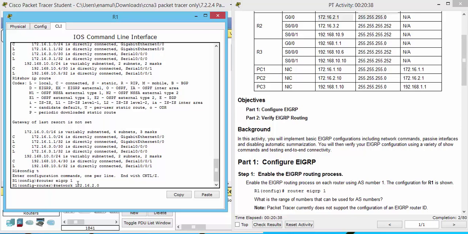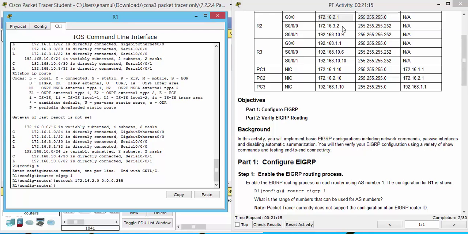The wildcard mask is going to be 0.0.0.255, because we subtract the subnet mask from 255.255.255.255. We subtract 255.255.255.0 from 255.255.255.255, and the remainder is the wildcard mask 0.0.0.255.